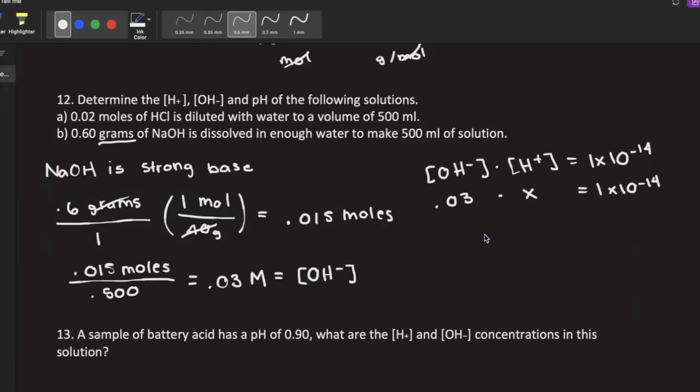To determine x, all we have to do is divide 1 times 10 to the negative 14th by 0.03, which is going to give us 3.33 times 10 to the negative 13th.